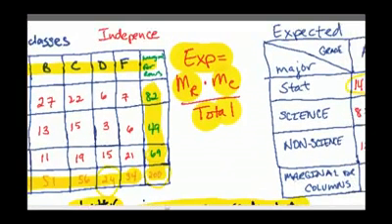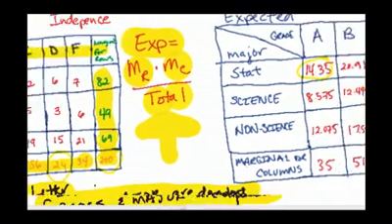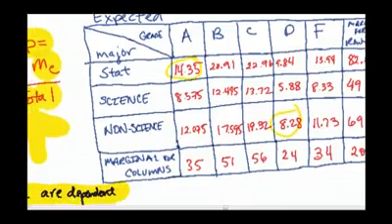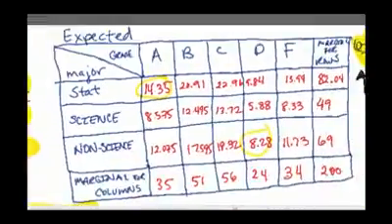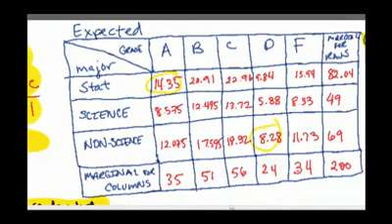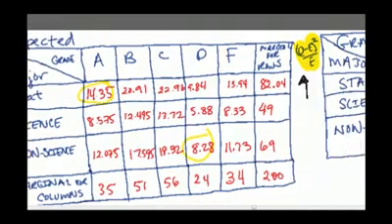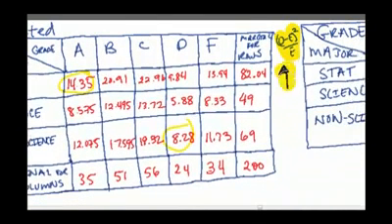Then to get the expectation value, we use this formula, where it's the marginal times the marginal over the total, and then you come up with this table. Then you do the observed table minus the expected table, square that answer, and divide by the expected to get the chi-squared value. That's this formula up here.